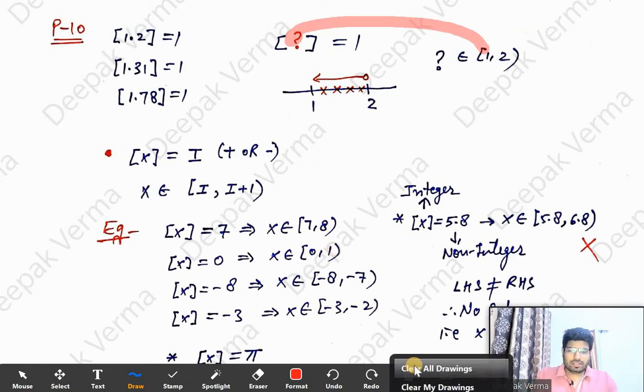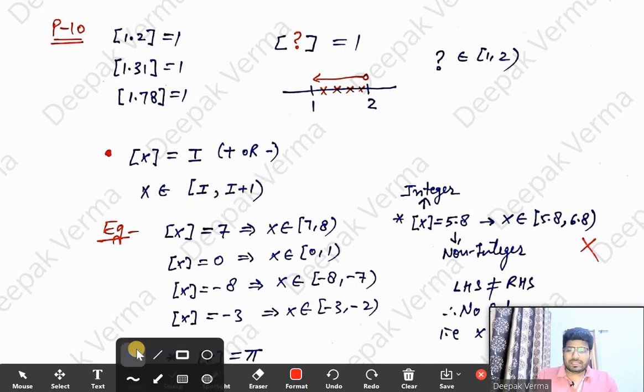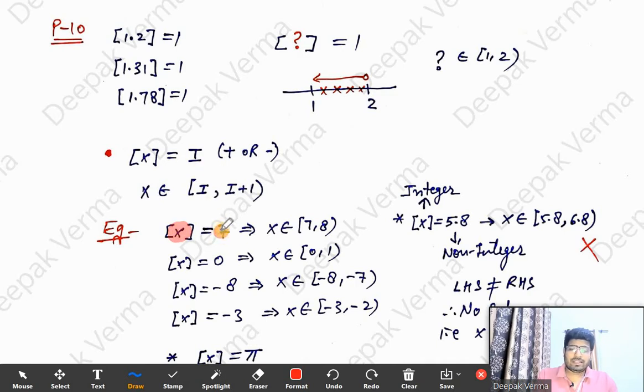Now since we know that box x is an integer, positive or negative, then x belongs to I to I plus 1. What does it mean? If I say box x is equal to 7, 7 is an integer, we are taking a positive integer here. Then x will be from 7 to 8. You can visualize this on a number line.